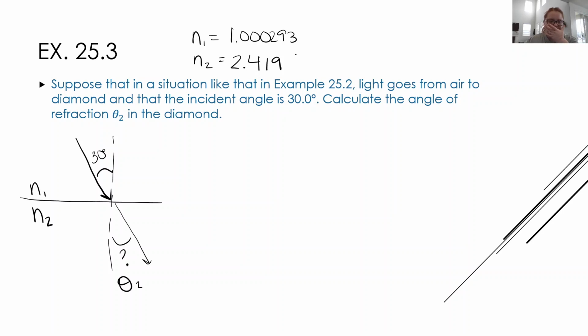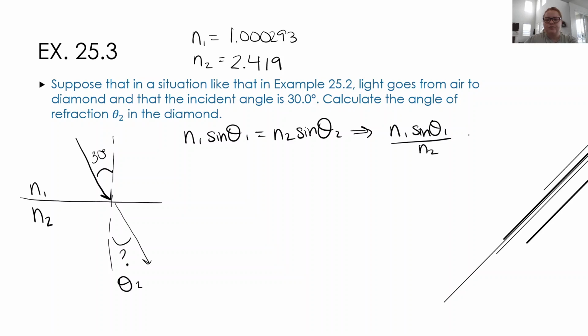2.419. Okay. And we are looking for the angle theta 2. So we know n1 sine theta 1 is equal to n2 sine theta 2. And we can rearrange this to be n1 sine theta 1 divided by n2 is equal to sine theta 2.